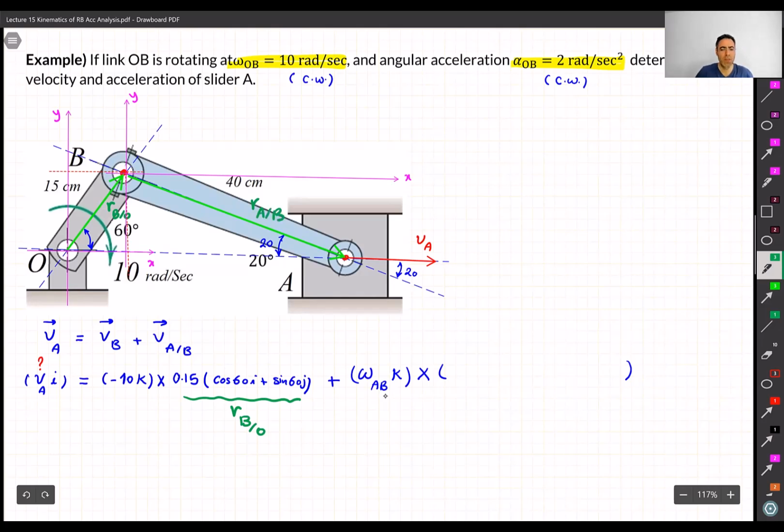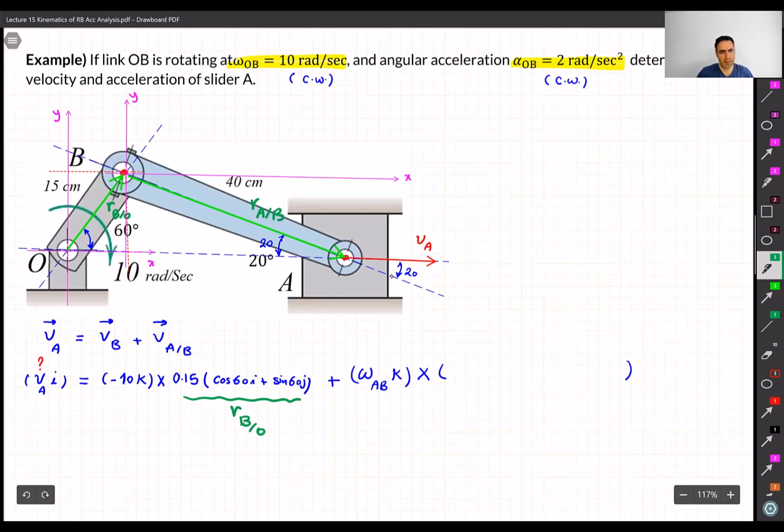Be careful with the sign, because if you make a mistake, instead of showing this vector in the opposite direction, then we're going to get negative values and everything is going to be wrong. Right? When we say RA with respect to point B, it means our reference is point B, and this is our vector. This is RA with respect to B. So what is this R?